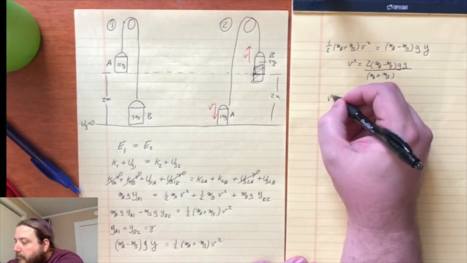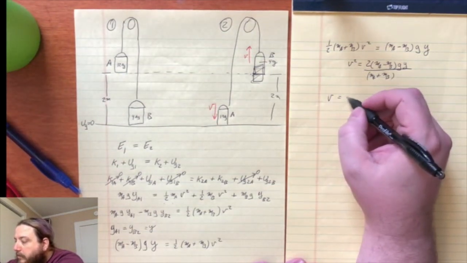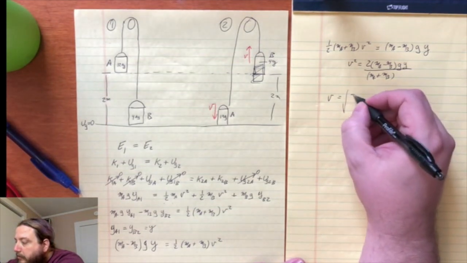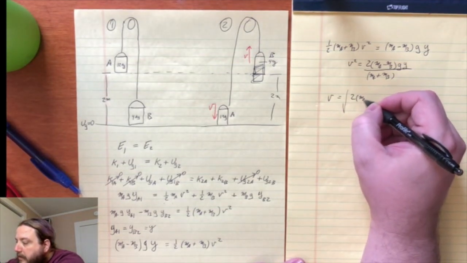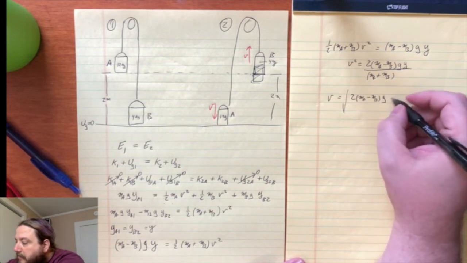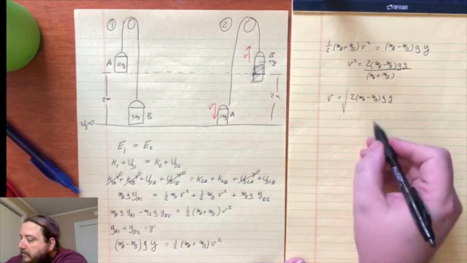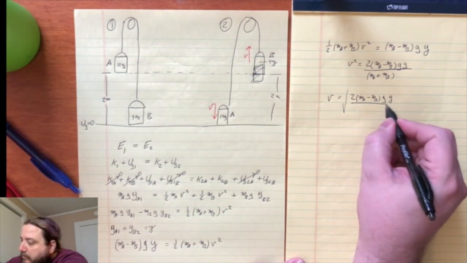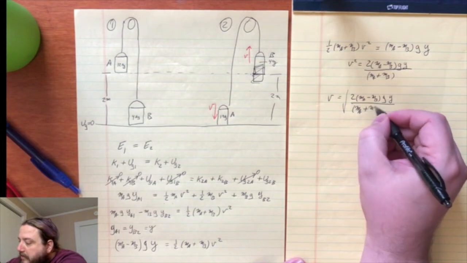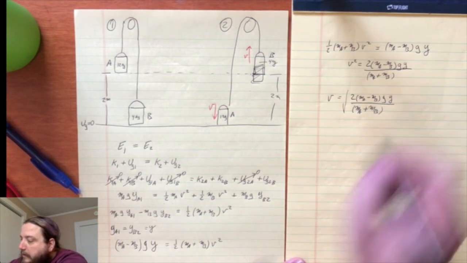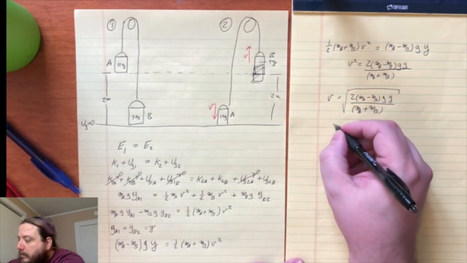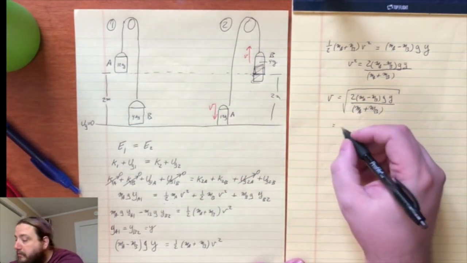And so in other words, our speed will be the square root of that, 2 mA minus mB times gravity times height divided by mA plus mB, the square root of that. And so now we can start plugging in our numbers.